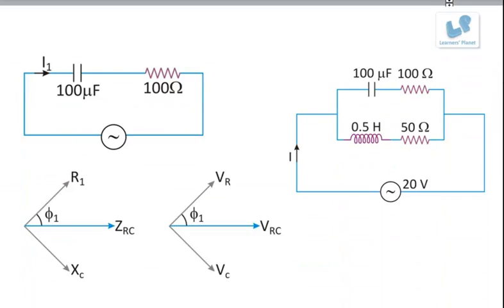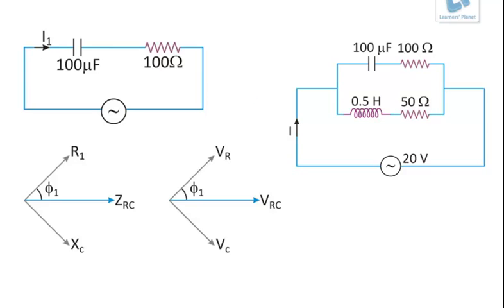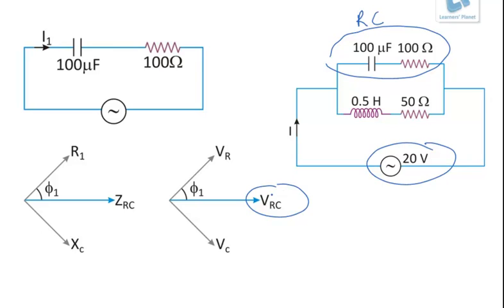Okay, now let us see the first upper loop. This loop let us study. Now this is an RC circuit connected to an alternating voltage. If you assume that the voltage applied is having a phase in this direction, then voltage in the resistor will be leading the voltage in the capacitor.